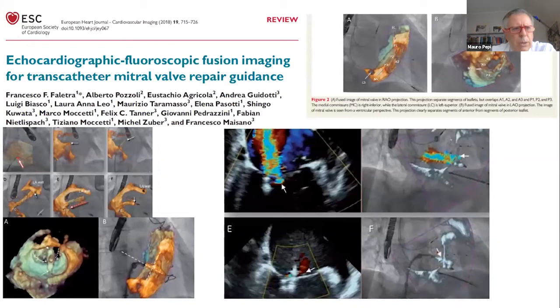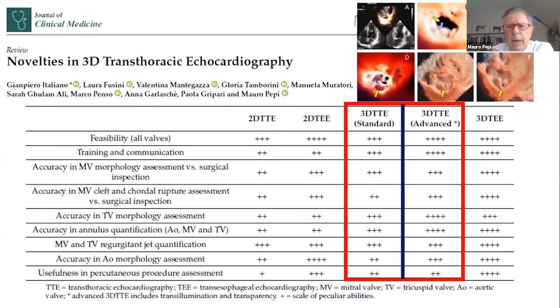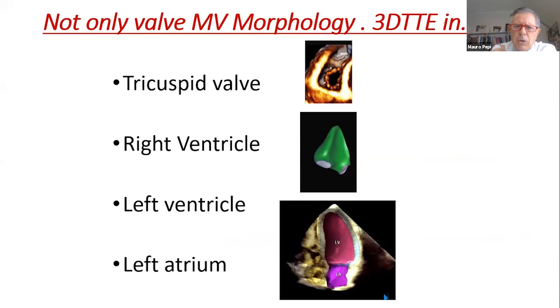I also quote this paper from Franco, which is the fusion of the images of the echo, 3D echo, and diffusion imaging. As concerns 3D TTE in this review, it is quite obvious that we have a lot of new indications and advancements in comparison with the standard 3D TEE, and very close to the 3D TEE in the majority.